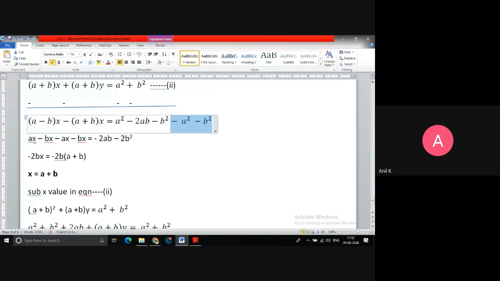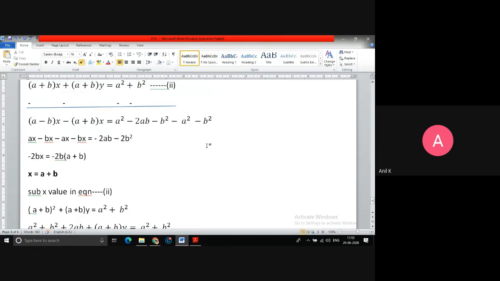Now in the LHS, I open this bracket: a into x will be ax, minus b into x is minus bx, then minus a into x is going to be minus ax. Minus into plus is minus, b into x is minus bx.